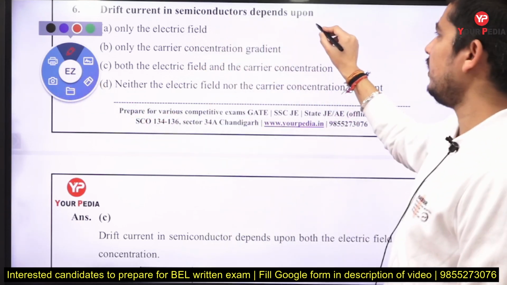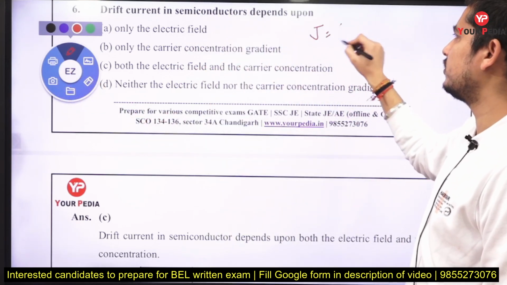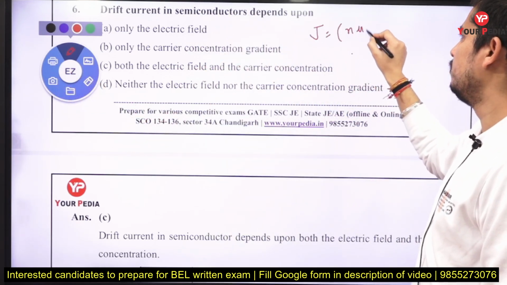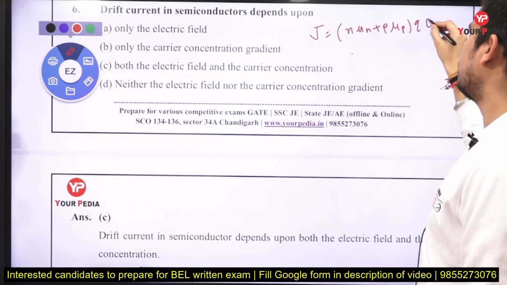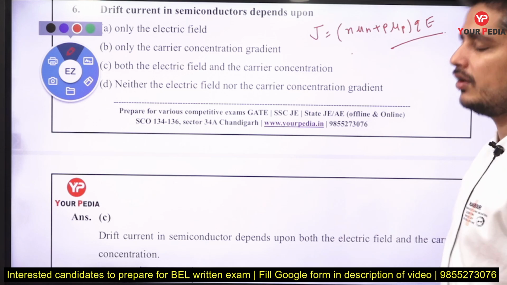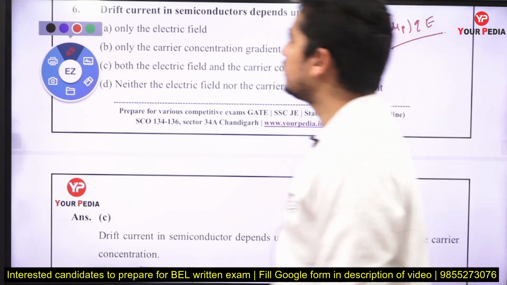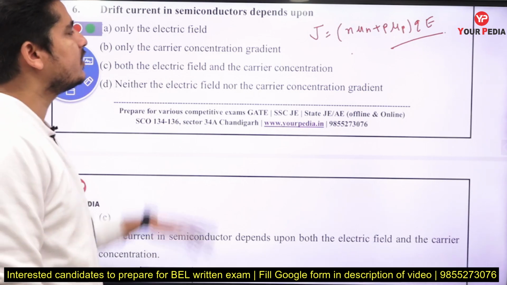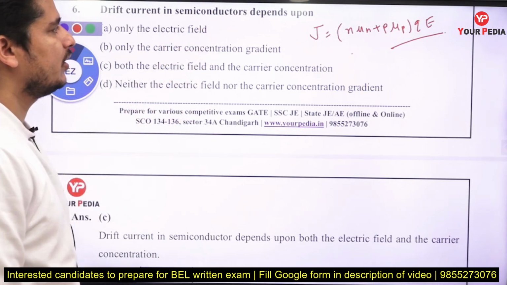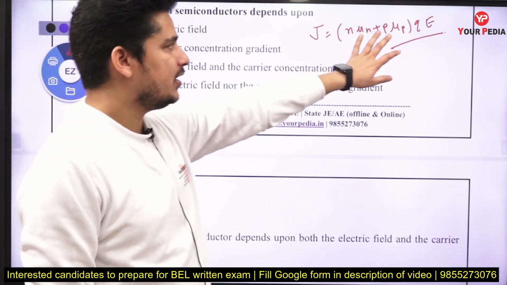This is not the complete equation, let me write the complete equation here. Inside the semiconductor, J is equal to what? (n mu n + p mu p) q times E. This is the complete equation, because I don't know whether this is an intrinsic or extrinsic semiconductor. If it is intrinsic semiconductor, then it will follow this formula.